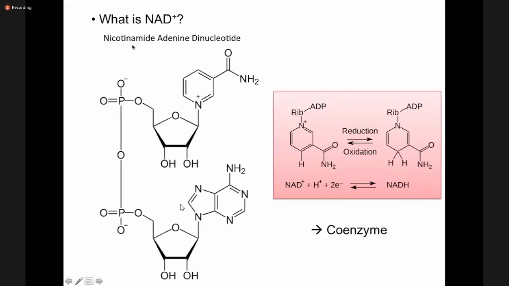NAD is nicotinamide adenine dinucleotide. So you can see adenine here. This is adenine, and this structure is nicotinamide. So the compound name is just simple: nicotinamide and adenine and dinucleotide.